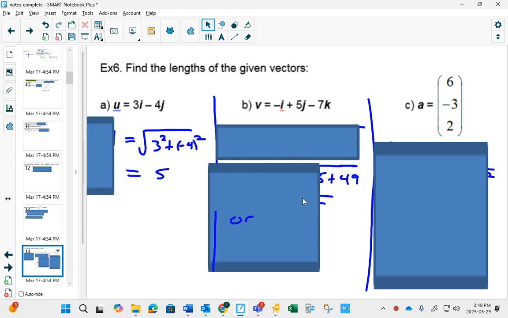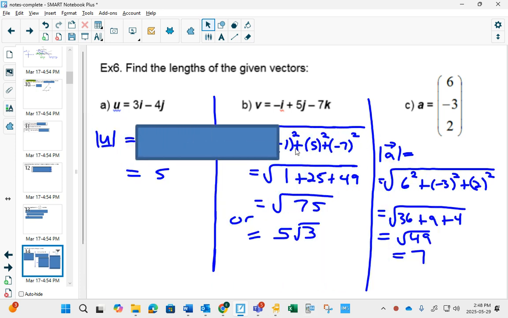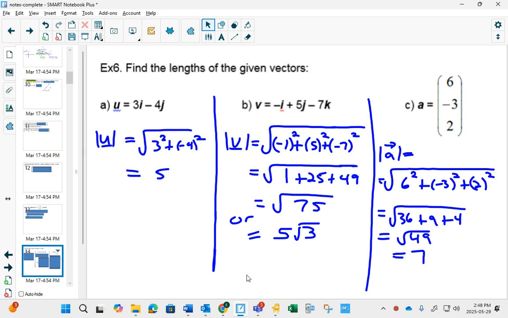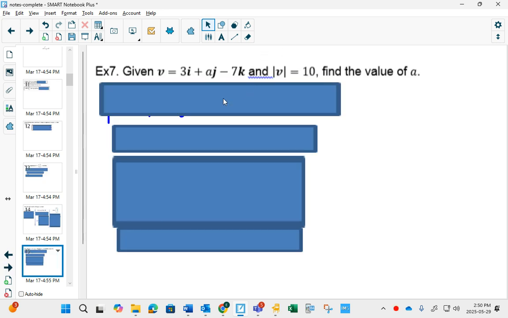I'll put the answers up for these ones so you can see if you get them. And C is super cool because it's a nice whole number. And how did you do on this one?